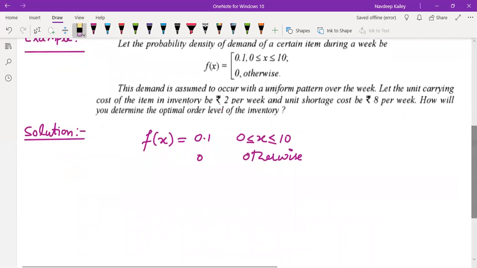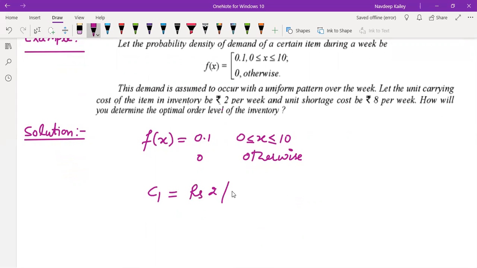Let the unit carrying cost of the item in the inventory be rupees 2 per week, that is, C1 is rupees 2 per week, and the unit shortage cost be rupees 8 per week, that is, C2 is rupees 8 per week. How will you determine the optimal order level of the inventory?